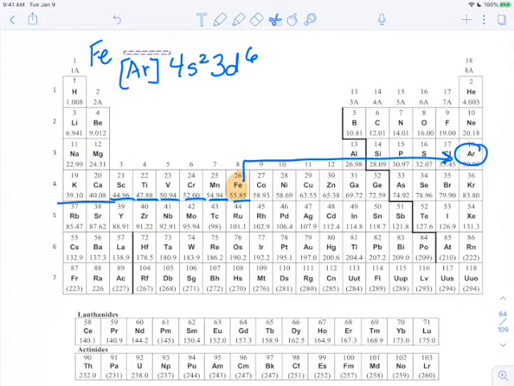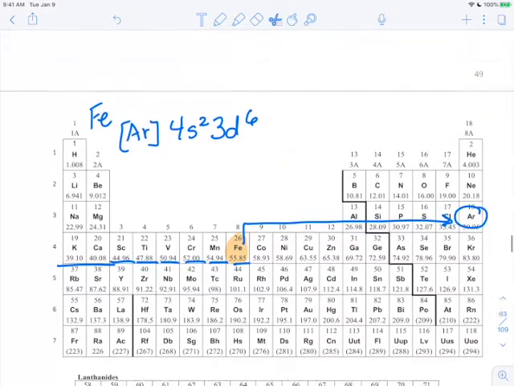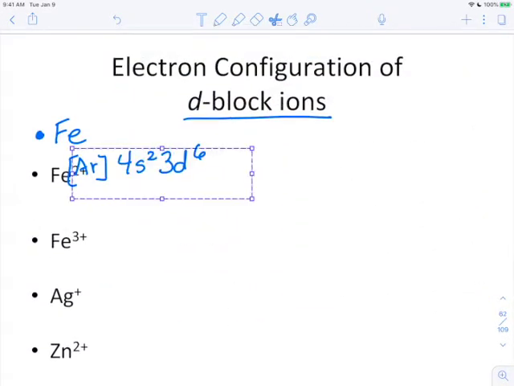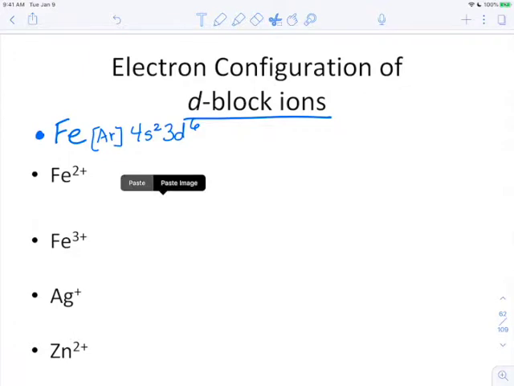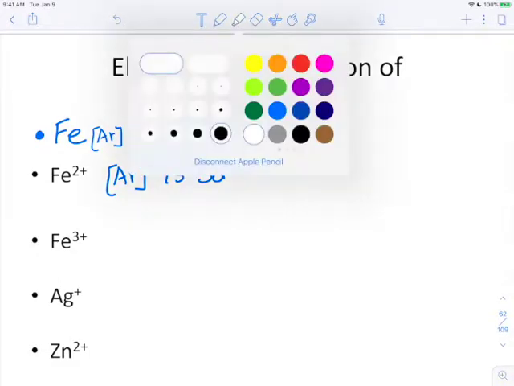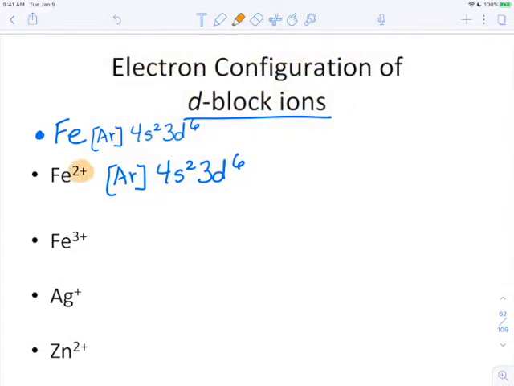All right, so let's copy that up. Now I want to use that to make iron 2+. If it is a +2, that means it's lost 2 electrons, and that e- is my symbol for electron.